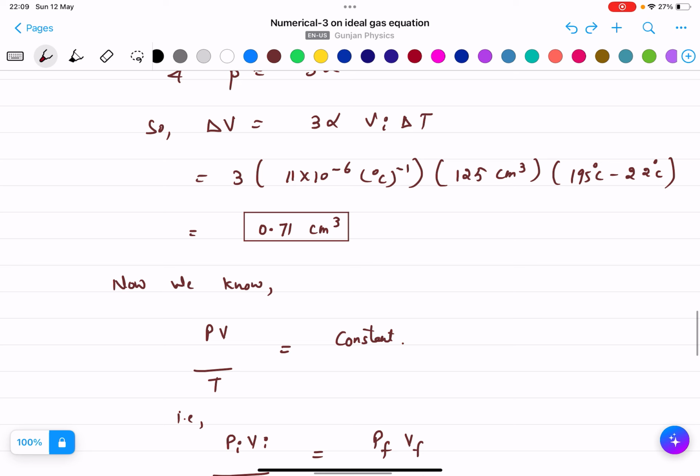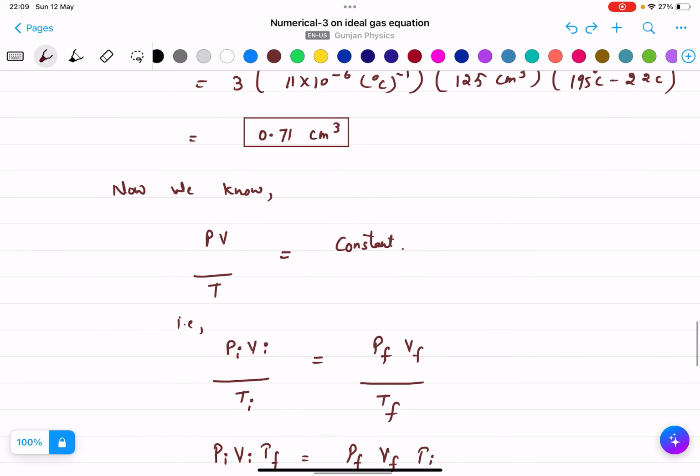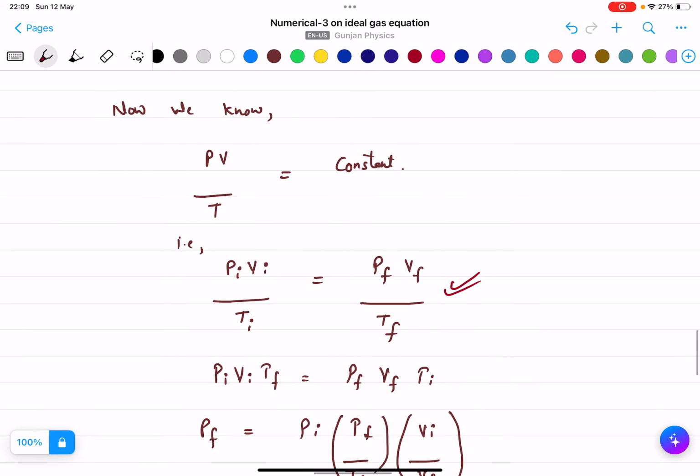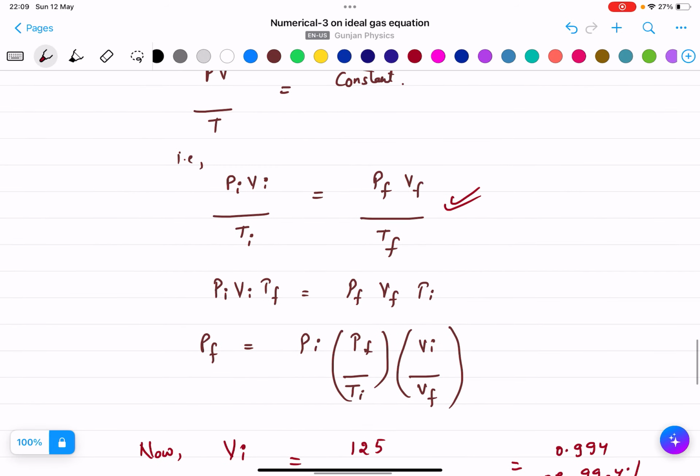Now we know that PV by T equals constant, and we have done this formula already. If we cross multiply, then can I write the formula of Pf? Pf equals Pi Tf over Ti times Vi over Vf.